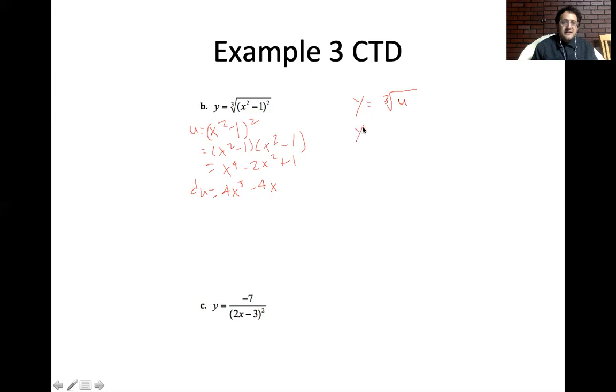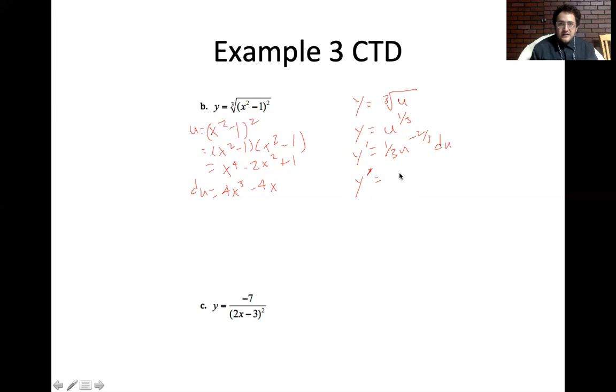Then I'm going to write my y as a fractional exponent, so it's u to the 1/3. If I'm taking the derivative of this, it's going to be 1/3 u to the negative 2/3 du. I'm going to put this in the numerator and the denominator.